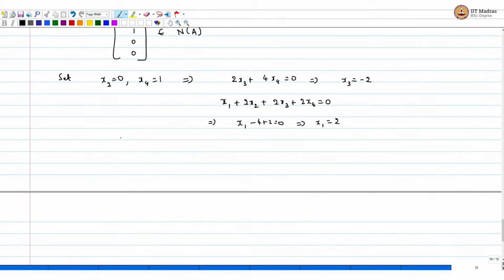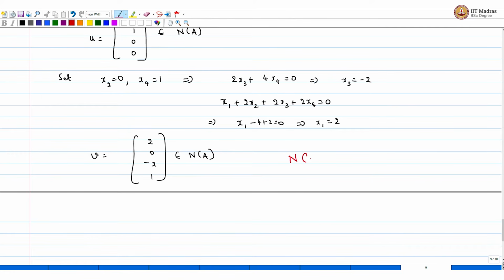Let's call the first one U. The other entry, V, is 2, 0, minus 2, 1, which belongs to the null space of A. So the bottom line is the null space of A is the span of U comma V.